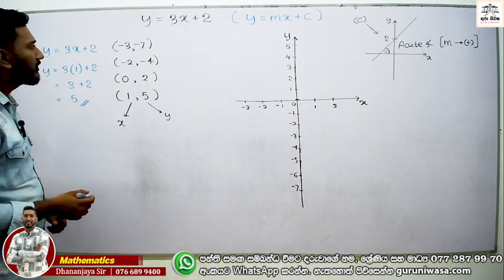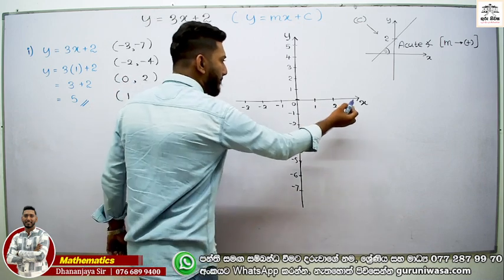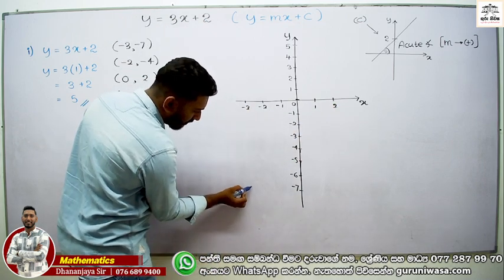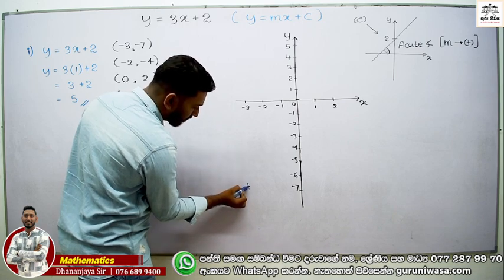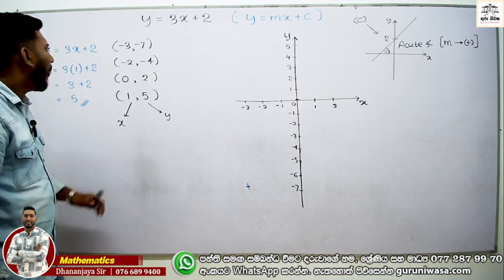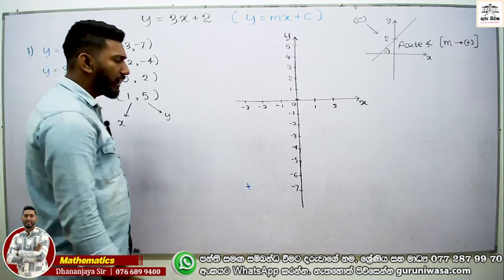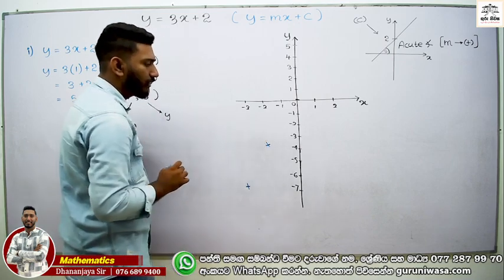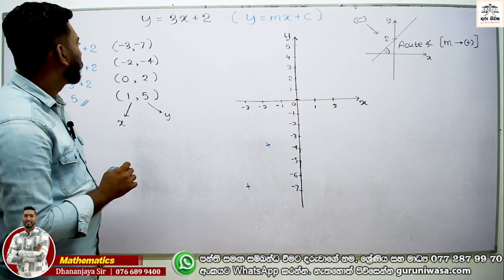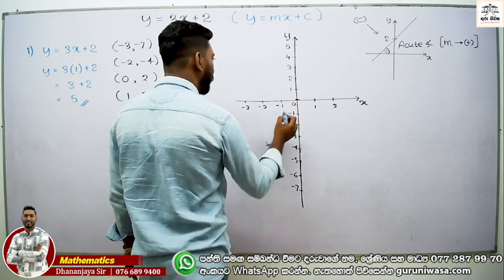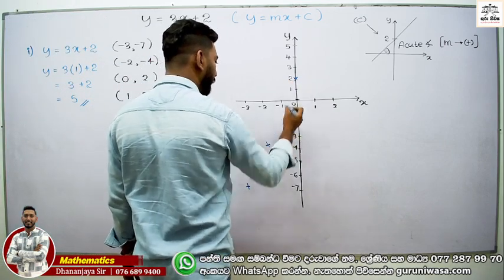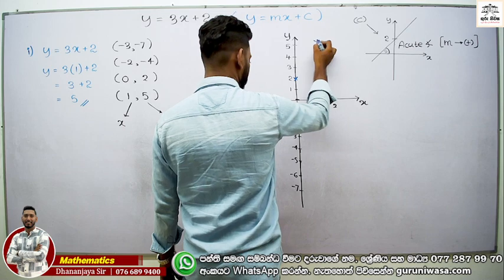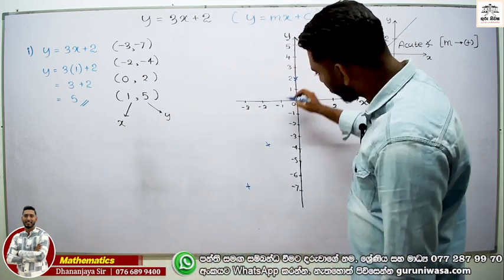First coordinate is -3, -7. -3 is x, -7 here. Now mark the coordinates like this. -2 and -4 here. And 0 and 2 here. And 1, 5 here. Now this one is a straight line.